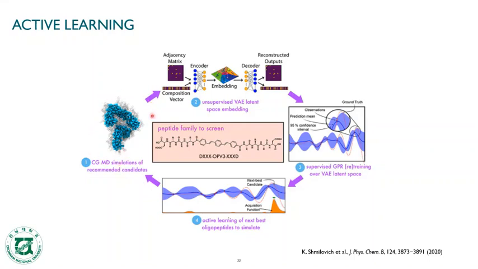The simulation for those peptides is conducted, and now you have more training data, and you repeat this cycle until the fitness function is saturated. That's how one can suggest new peptides for the targeted self-assembled structure.